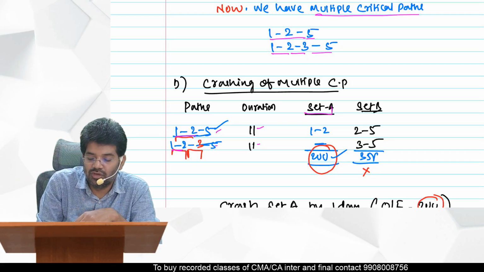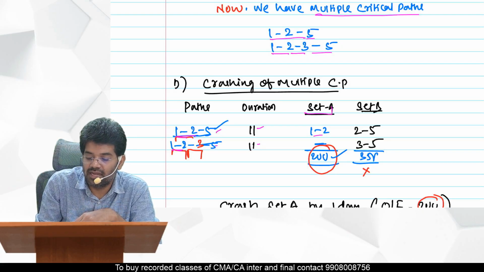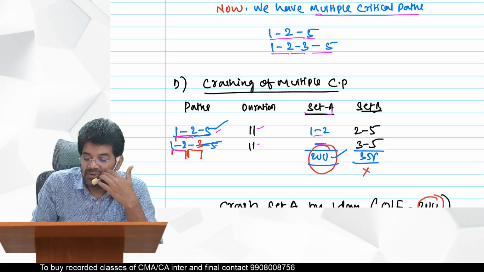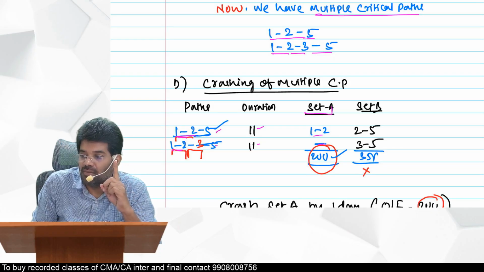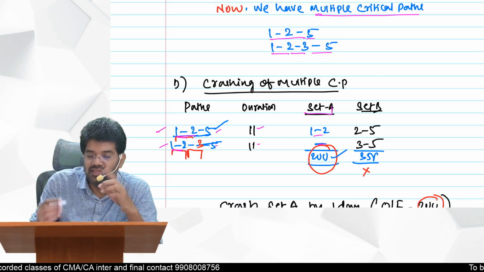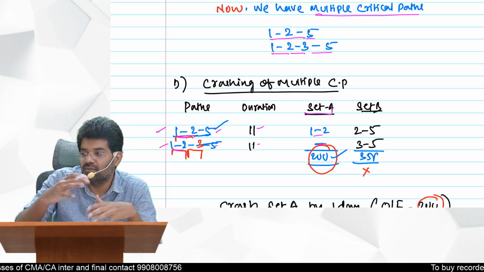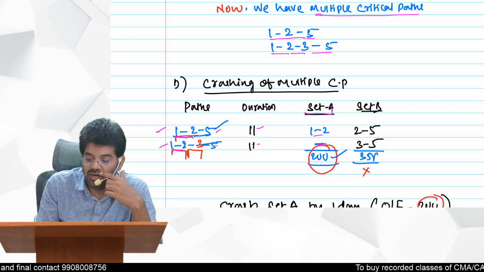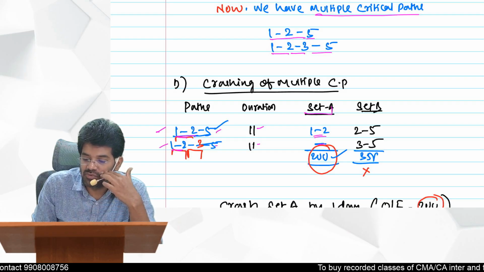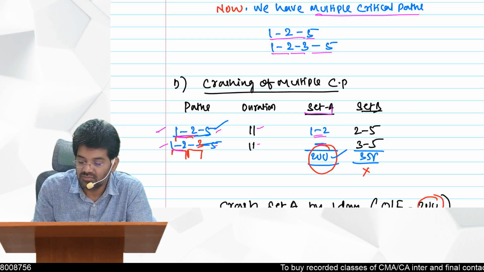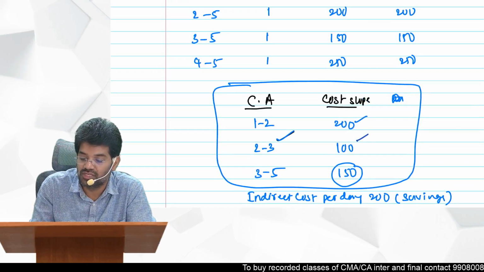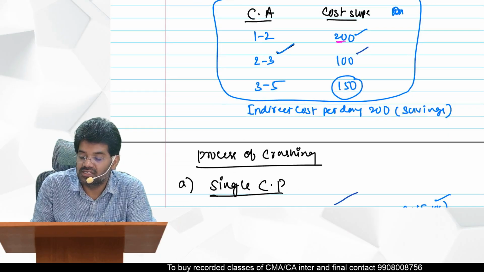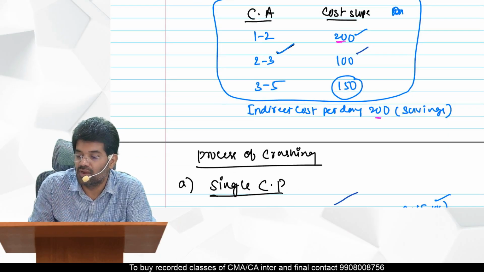If you select 1 to 2 in set A, it automatically gets crashed in this path also, because it is common to both paths. So what is the cost? If you want to crash 1 to 2, the cost is 200. And what is the indirect cost savings if we reduce by 1 day? 200.